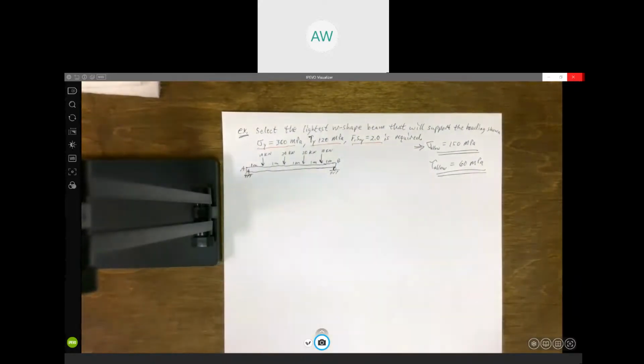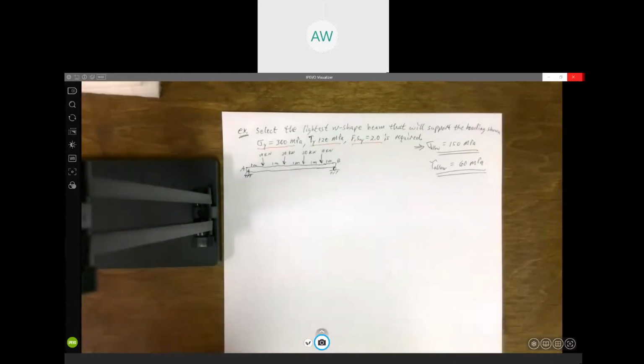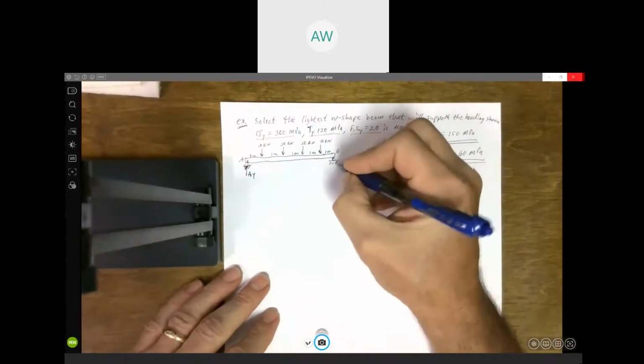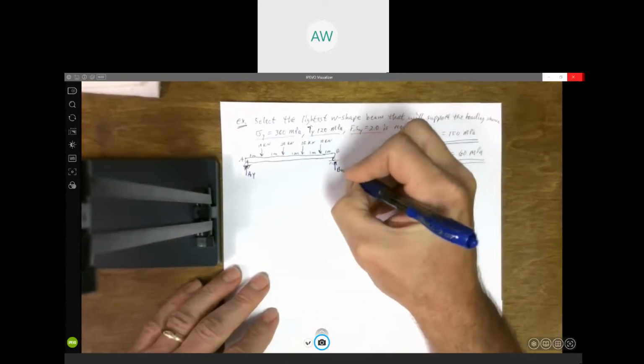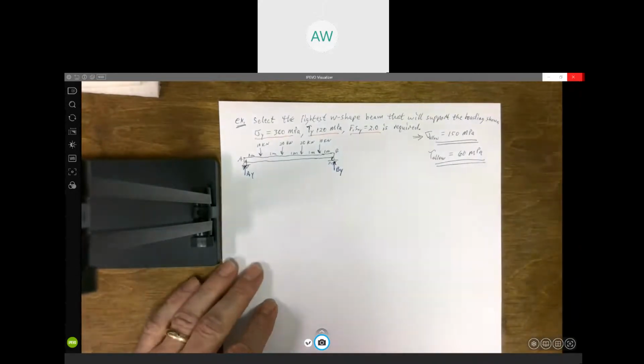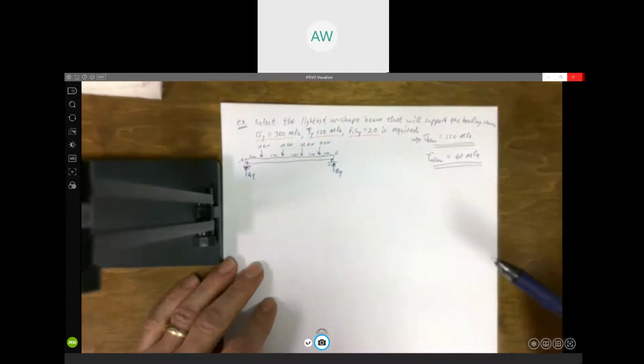Now, step 1 in that procedure was to draw our shear moment diagrams, figure out what Vmax and Mmax are. So we got support reactions here, vertical reaction forces. As usual, AX is possible, but it's 0, so I didn't write it on there.